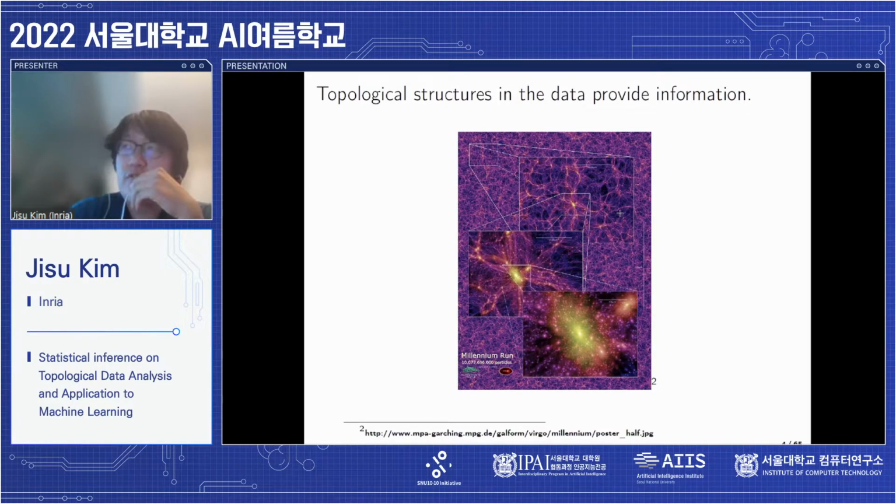This was just an example of how the topological structures from the data give some information, and for this, people are interested in using topology in various fields, like astronomy, and also in biology, chemistry, medical sciences, material sciences, and so on.